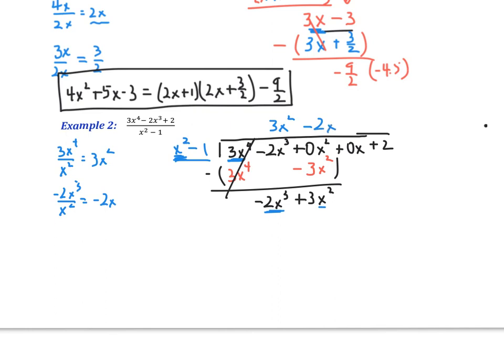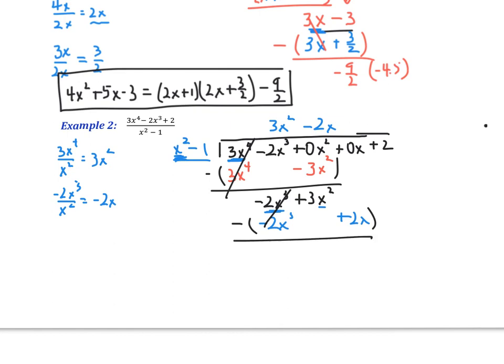And then reminder that I want to multiply that through. So -2x times x squared gives me a -2x cubed. A -2x times a -1 gives me a positive 2x, which I'm going to write all the way over here, where it has a like term. Okay, I am going to subtract, and a -2x cubed minus a -2x cubed cancel.